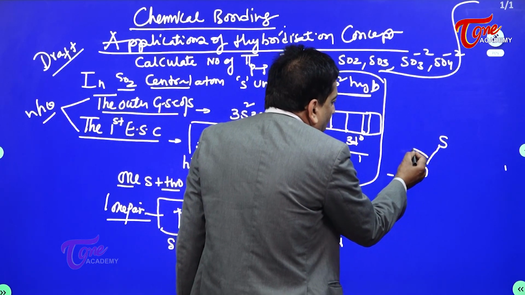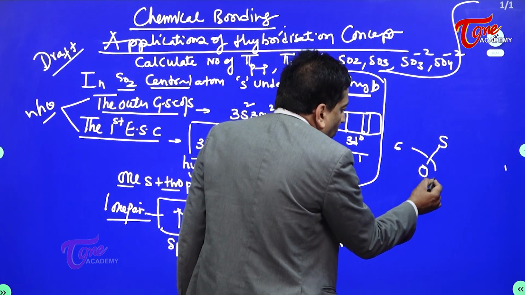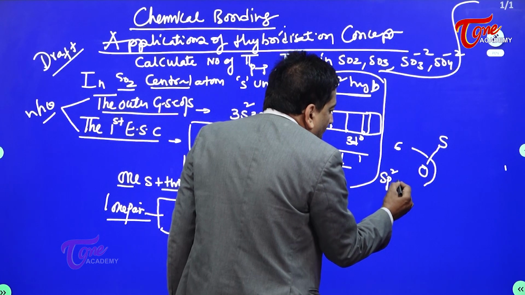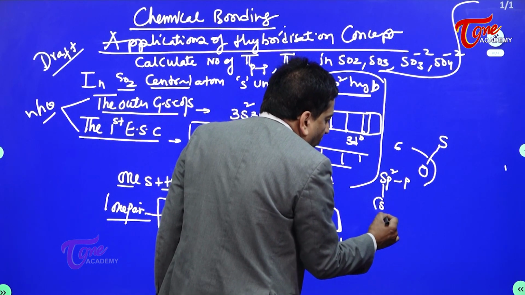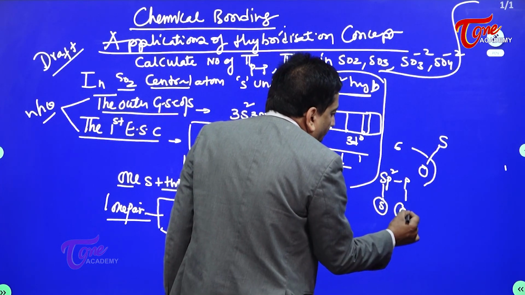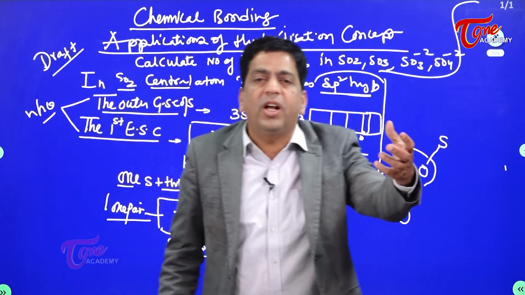So when this is a sigma bond, it is basically a result of what? How is this bond formed? sp2-p sigma. So sp2 of what? The sulfur, and the p of what? Oxygen. Right? So sp2 and p, because oxygen is coming with two unpaired electrons.